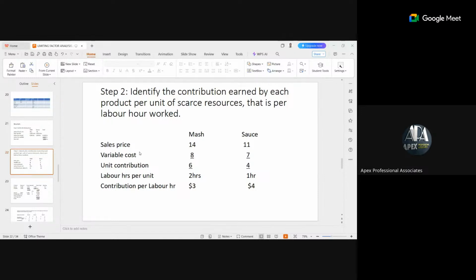For Source, you divide the unit contribution of 4 by 1 hour, and you get the contribution per labor hour to be $4. I don't know if that is fine. Yes, sir, it's fine. Thank you, sir.